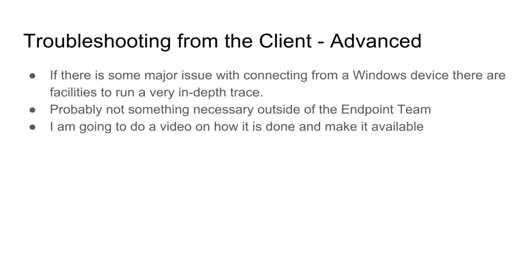Then you can take that file and analyze it in something that looks a bit like the Microsoft equivalent of Wireshark. Wireshark is a network protocol analyzer. This is a little bit different because it's not only looking at network stuff, it's also looking at internal Windows stuff.